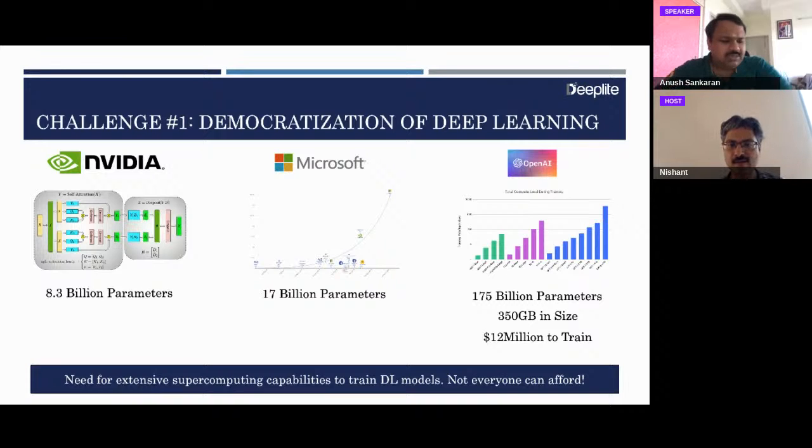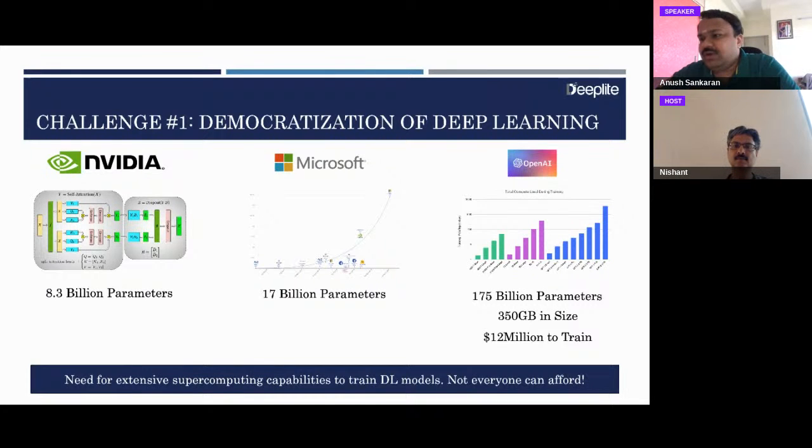Recently I've been talking about this in social media now and then: with many of the recent research papers that come out, if you want to reproduce the results, not many of us can do it. Only the likes of Google or Microsoft or OpenAI can afford to spend so much and build a series of TPUs or GPUs to train or test those models, and those models are out of reach for almost 90% of us.